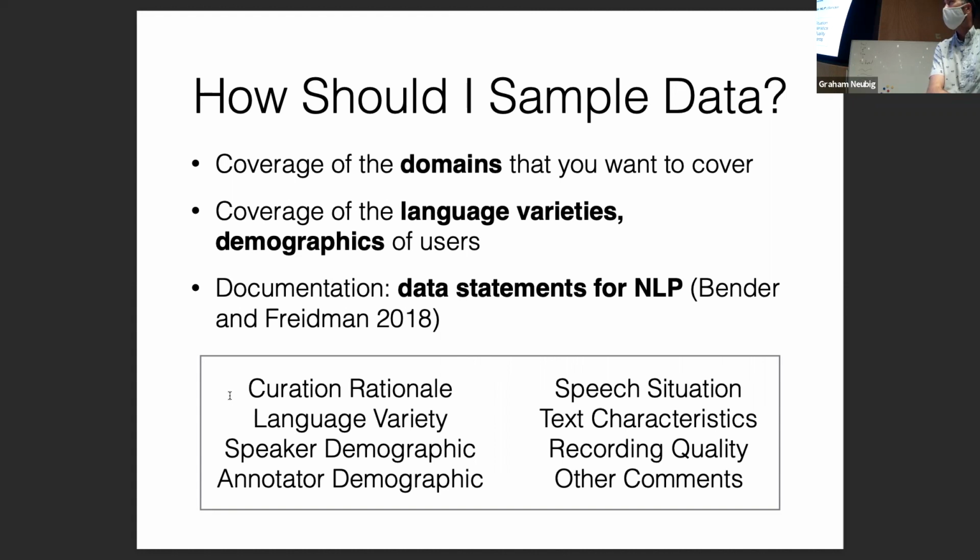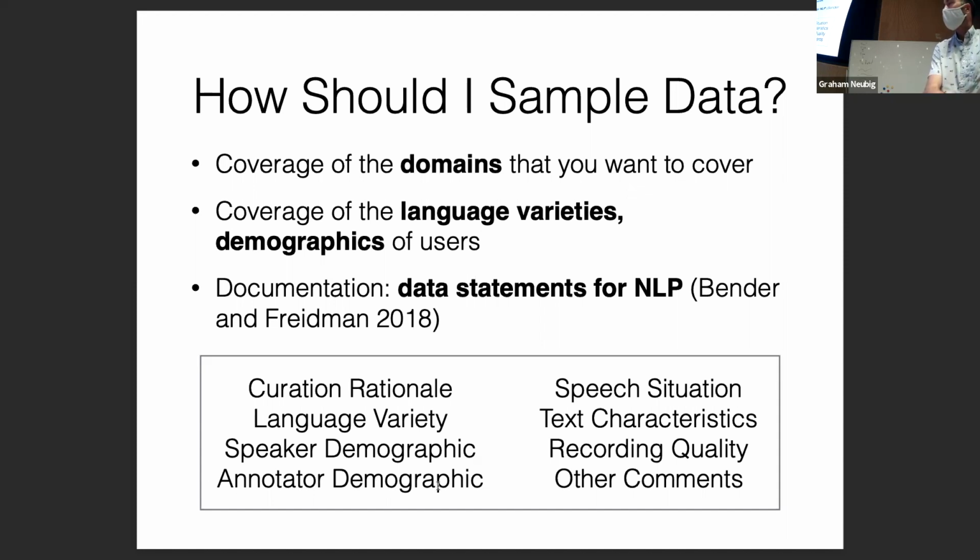So things like curation rationale, language variety, like what dialect, where it came from, what language is it in the first place, and speaker demographic, so what demographic are the people who are speaking: gender, age, race, etc.